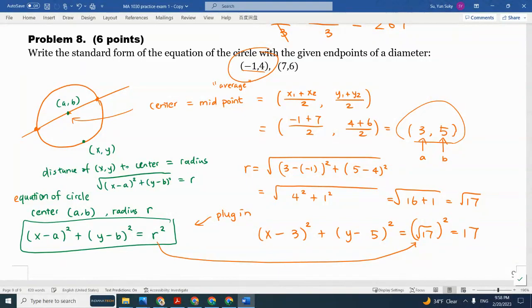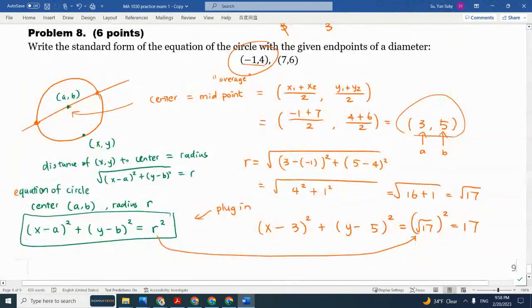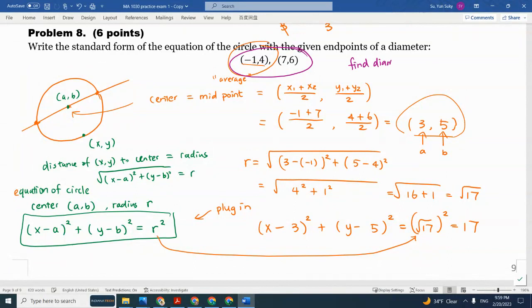It will make it to be +3. Just be careful. And if in exams your center is not an integer point, maybe your center is fractions, then you might not want to work with fractions. But because those two given points are integer points, you can find the diameter. D is the distance of those two points, and then your radius is 1/2 times the diameter.